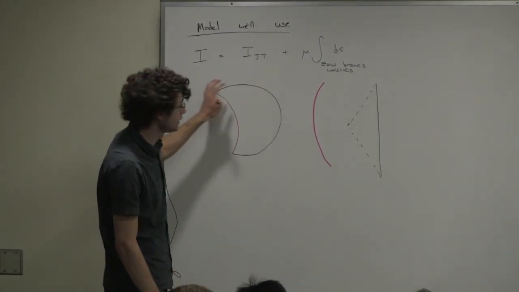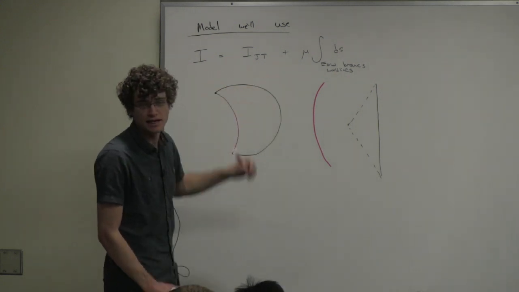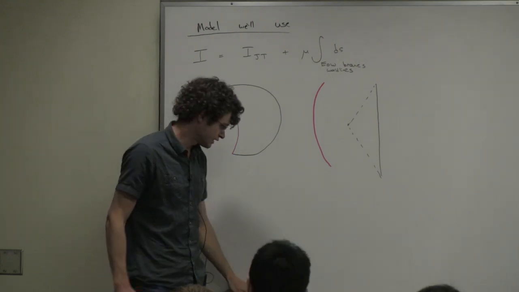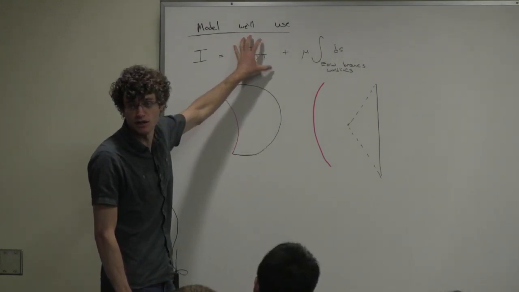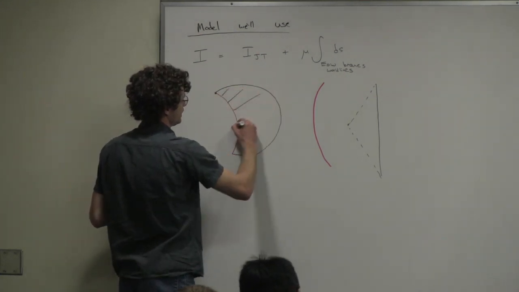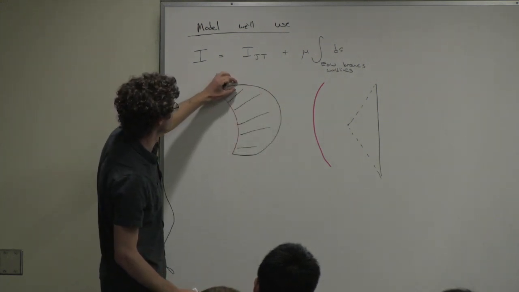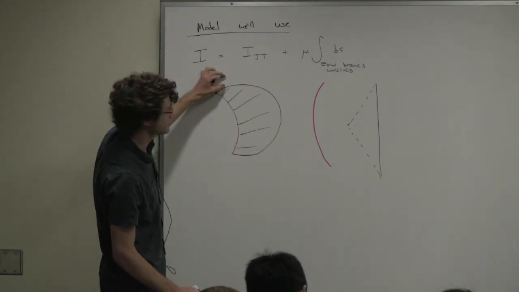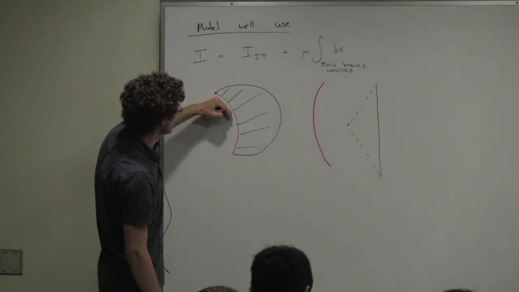What I've drawn here, this black curve, you should think of as a constant radius surface in the hyperbolic disk. JT gravity is a theory of negatively curved spaces, hyperbolic spaces. So the black line is a constant radius portion of a circle in the hyperbolic plane, and the red line is a geodesic.